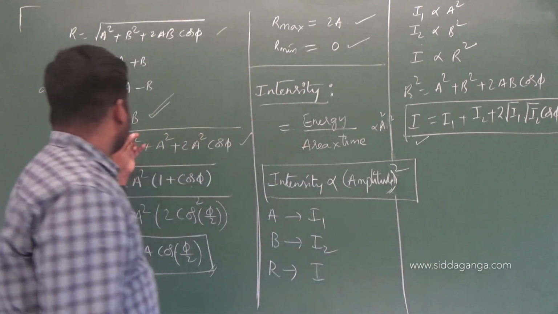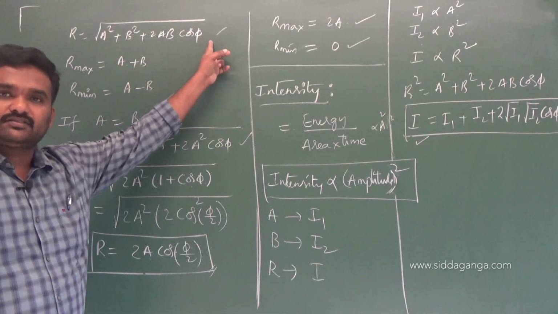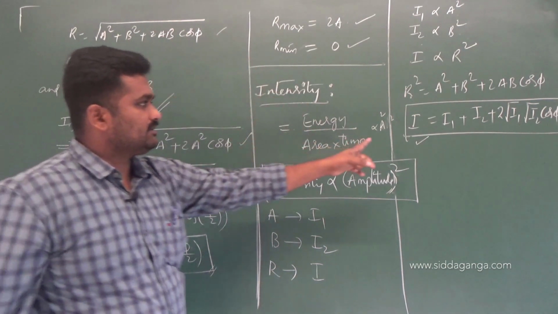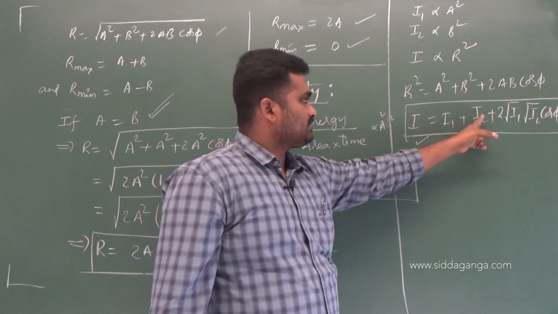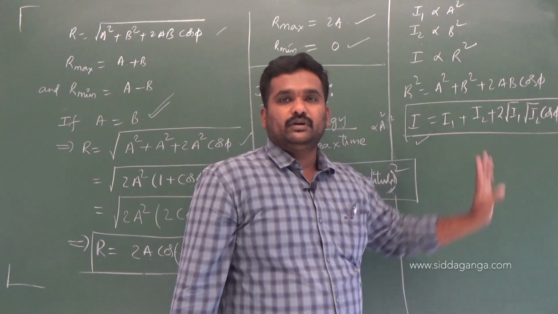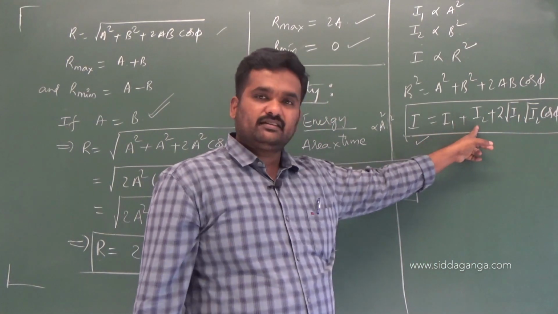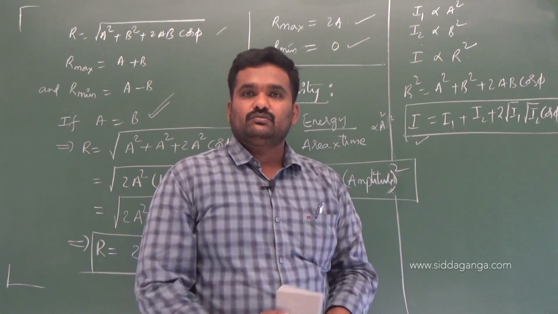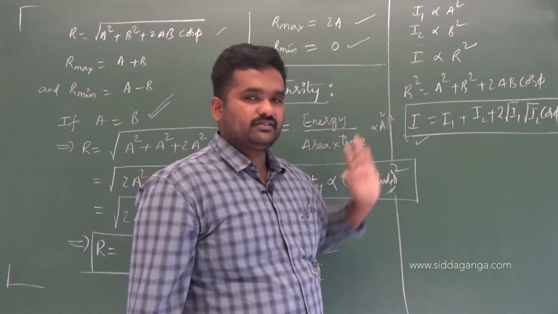For the amplitude of the resultant you remembered root of A square plus B square plus 2AB cos phi. In the same way, the intensity of the resultant wave is I equals I1 plus I2 plus 2 root I1 I2 cos phi, where I1 is the intensity of the first wave and I2 is the intensity of the second wave.